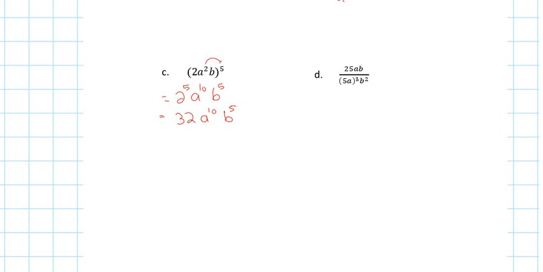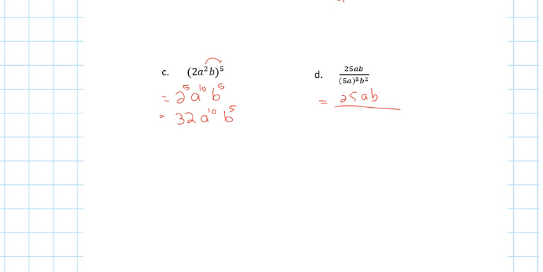Okay, how about the next one? What do you want to do first? Distribute the 3 first in the denominator, that's right. It's the same thing as BEDMAS: you have to get rid of your brackets first.